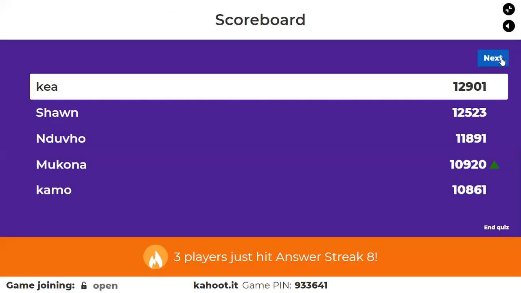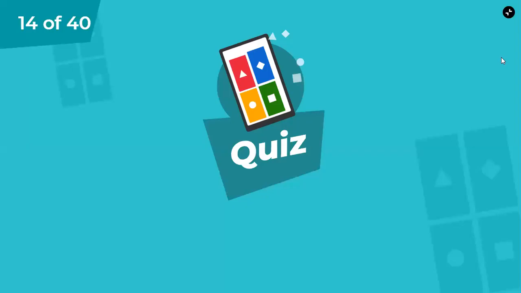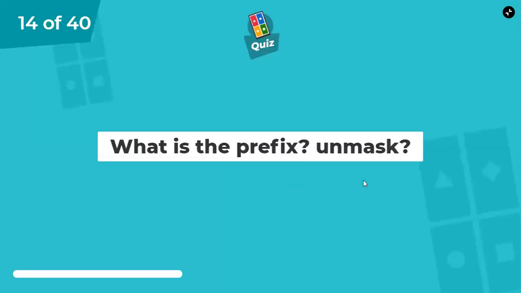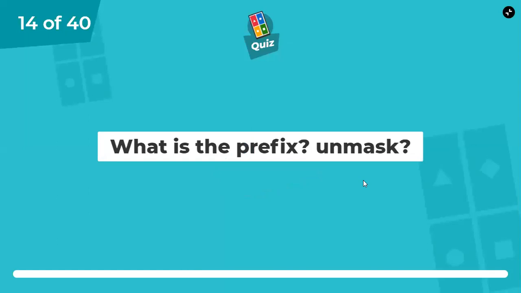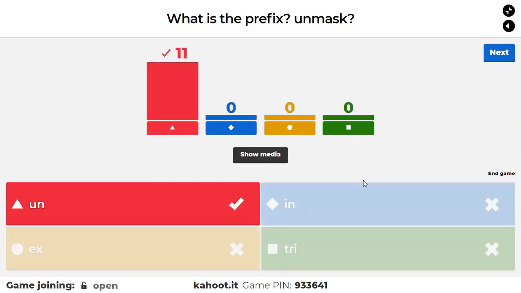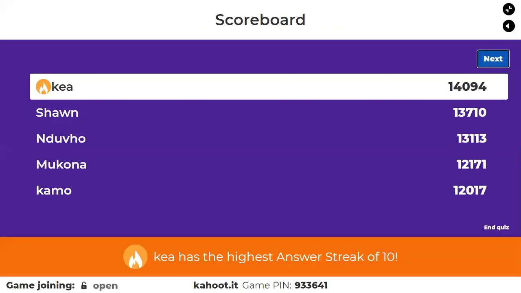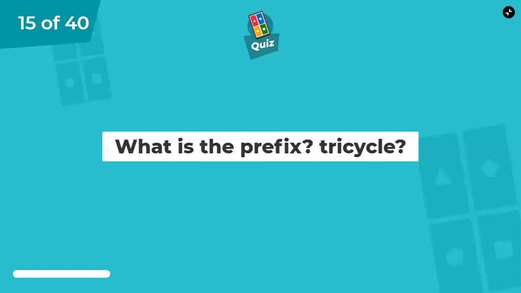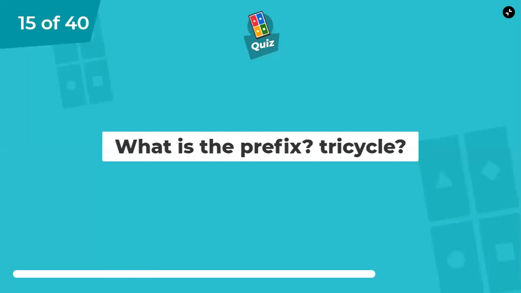Okay. It's important to listen. What is the prefix to unmask? Is it red UN, blue IN, yellow EX, or green try? Yes, it's red un. Okay, so the next one, what is the prefix to tricycle?